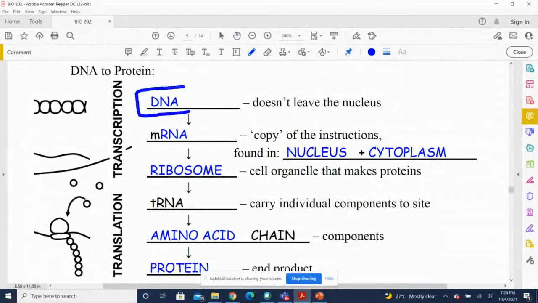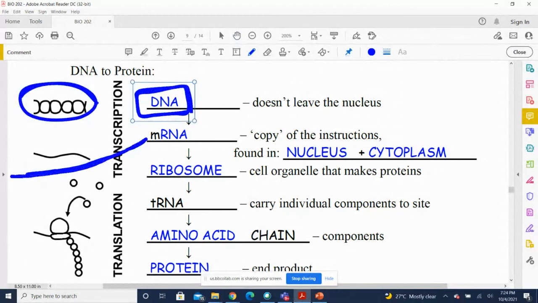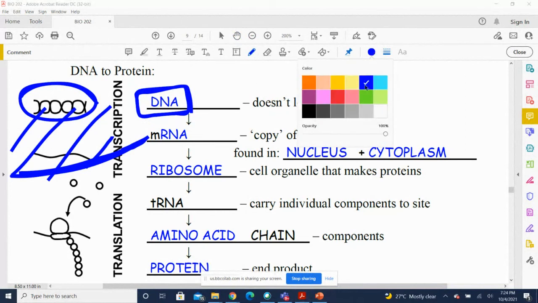So DNA was never capable of leaving the nucleus. It has to stay within the nucleus. To get the instructions for making a protein out of the nucleus, we needed to make a copy of that DNA, and that copy was known as our RNA.